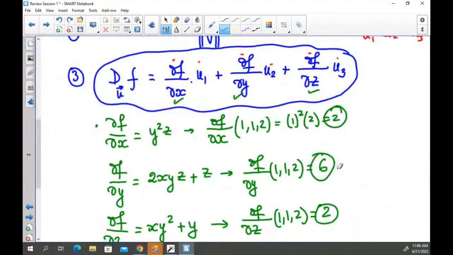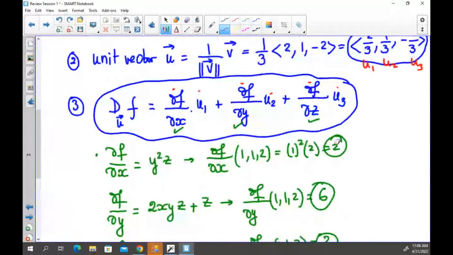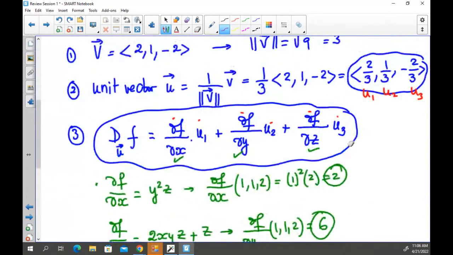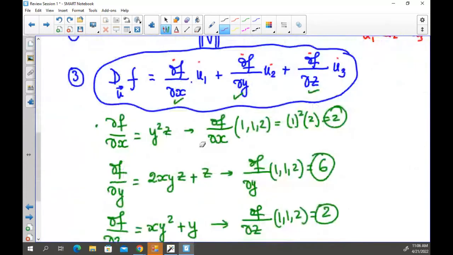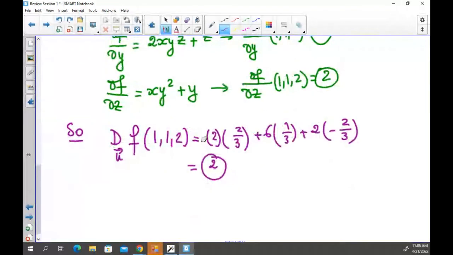So you get another 3 numbers, and then you multiply 2 times u1, 6 times u2, and then 2 times u3, and that will give you the directional derivative of this function. Okay, great.